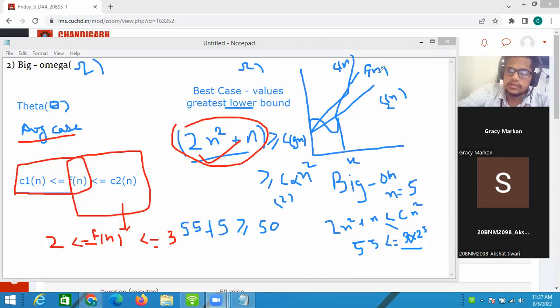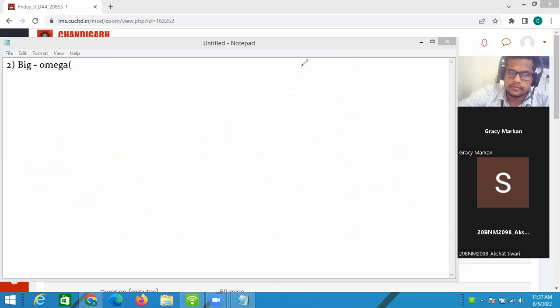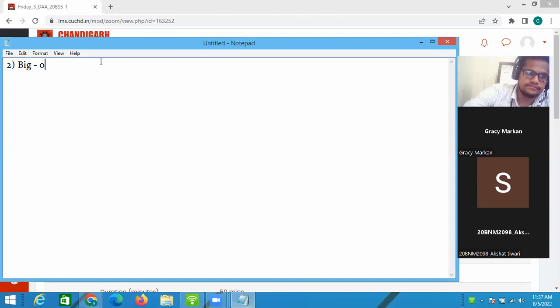So I'm moving to the next, which is very important and related to this. We have a few properties we are going to discuss, right? The few properties are: the first one is reflexive.